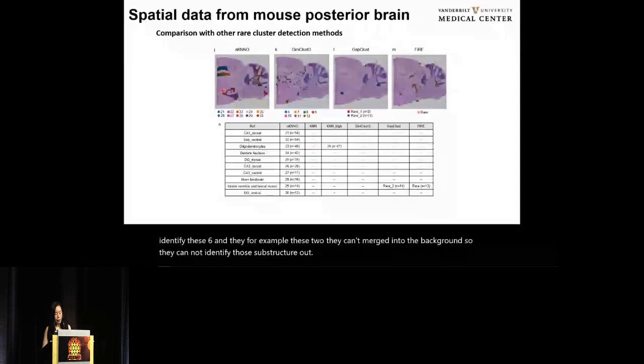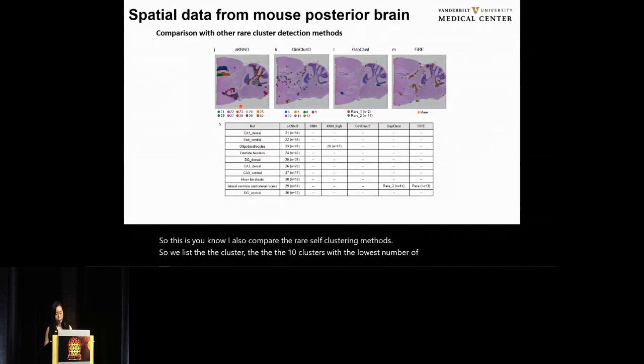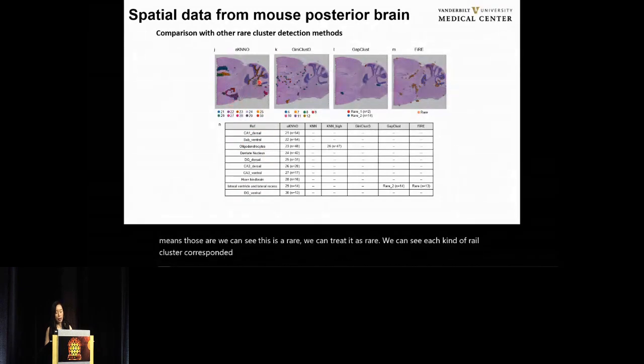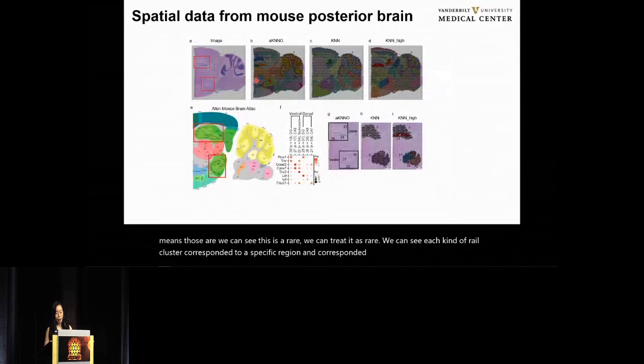I also compare the rare cell clustering methods. So we list the 10 clusters with the lowest number of spots. That means we can treat those as rare. We can see each rare cluster corresponds to a specific region and a specific anatomic structure.